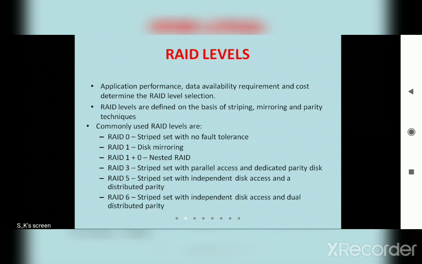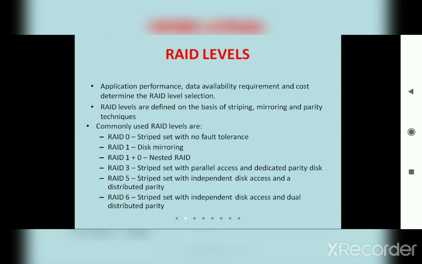The first one is RAID 0, where we apply only the striping technique. Next is RAID 1, where we apply mirroring. And there is something called a nested array. That means I combine striping and mirroring together.